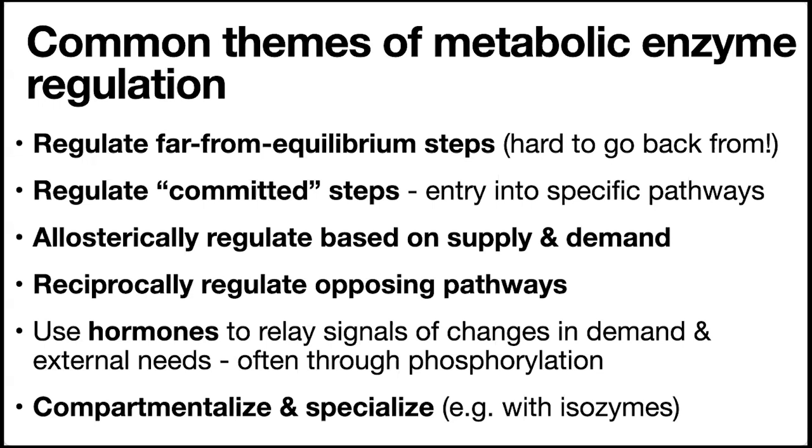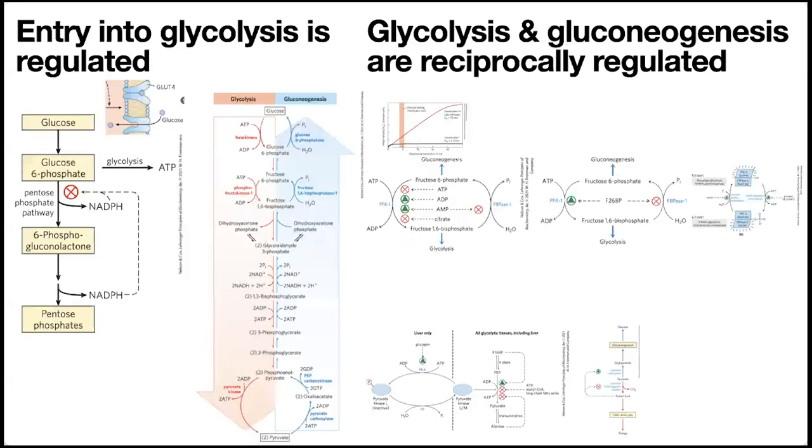Additionally, even if some tissues have those enzymes, we can have different versions of the enzymes in different tissues that are then able to be regulated separately and have different kinetic properties. So we'll take a look at this in our example.